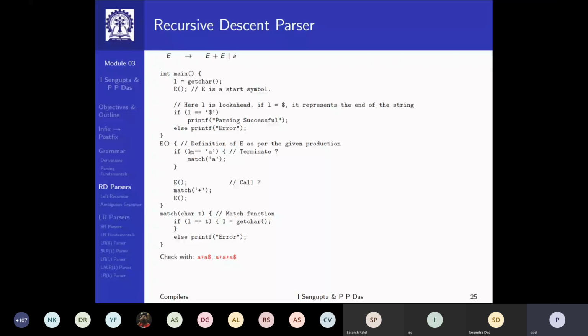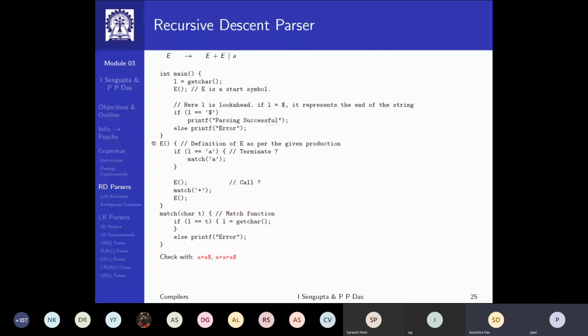This will not match, because your L is plus. So you will call E. You have not done any match, so L remains to be the plus symbol. This does not match, you call E, you come here again. So you will simply have an infinite recursion.